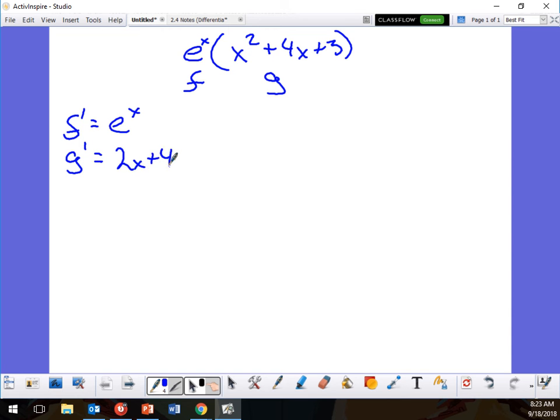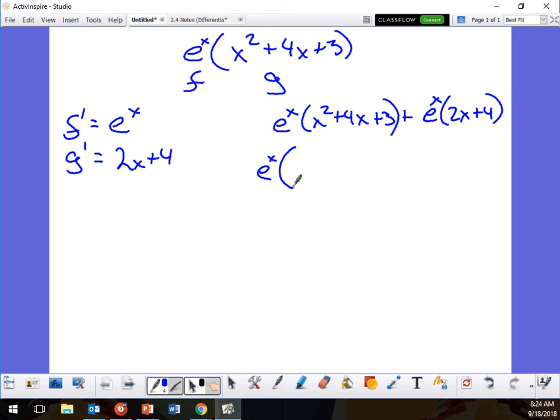So it's e to the x, x squared plus 4x plus 3, plus e to the x times 2x plus 4. Factor out that e to the x, and I'm left with x squared plus 6x plus 7, and this is my third derivative, y triple prime.